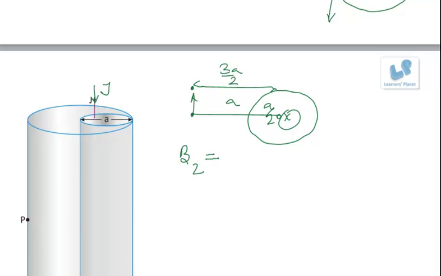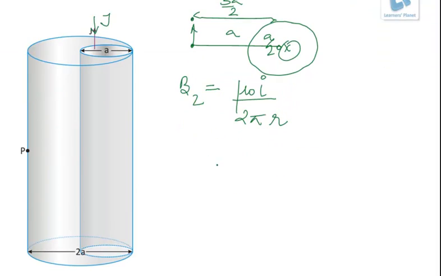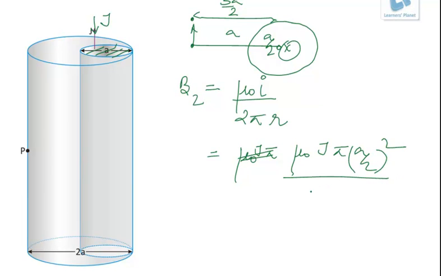This magnetic field B2 will be given by mu naught I upon 2 pi r. Now in this case I is the current only flowing through this portion, so J times the area, pi times a by 2 whole square, divided by 2 pi r, and the distance from the center is 3a by 2.